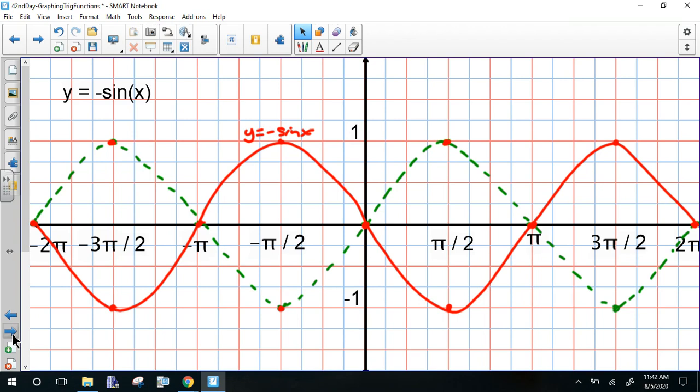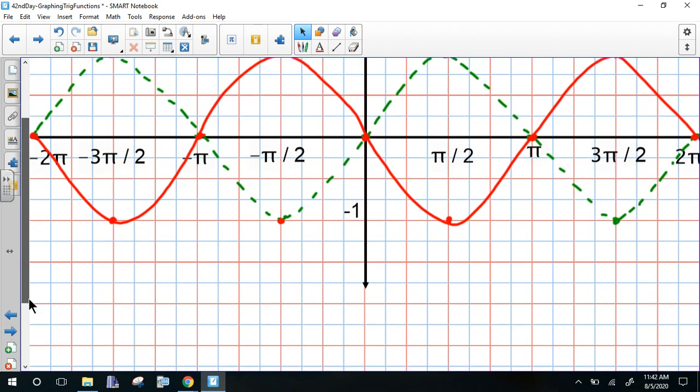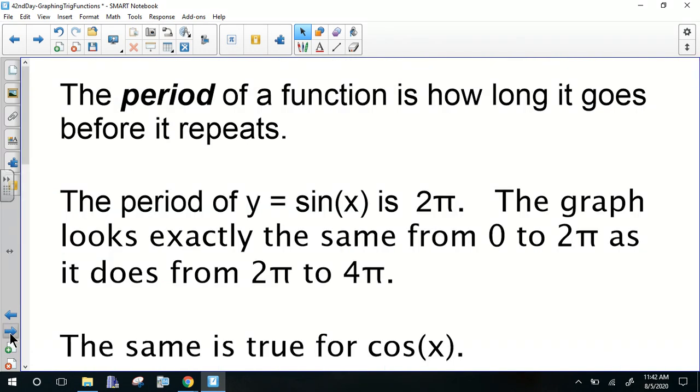In order to graph trig functions on a TI-84 calculator, your mode needs to be set in radian. And I'll show you how to do that in just a moment. We've talked about the period.